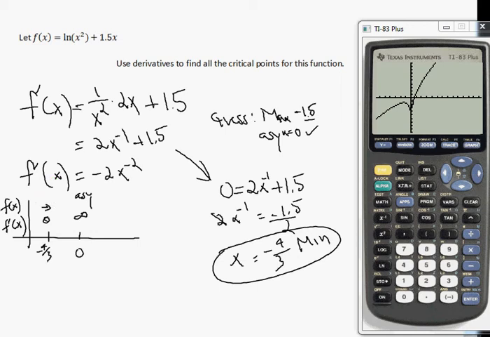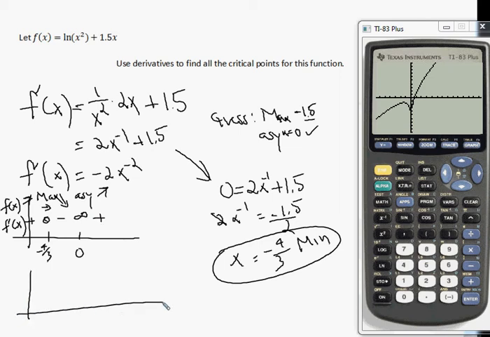After the maximum, the function goes down, so the first derivative is negative. Before the maximum it is going up, so the first derivative is positive. And after the asymptote, it just goes up. Okay, it's positive. That's the timeline for the first derivative.